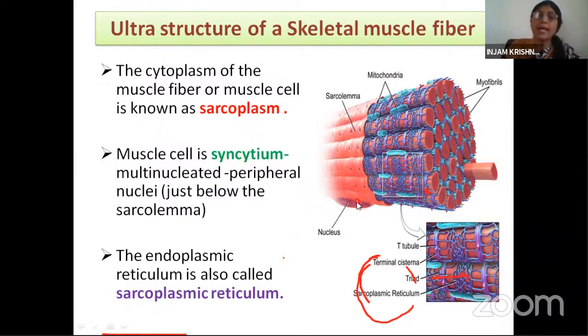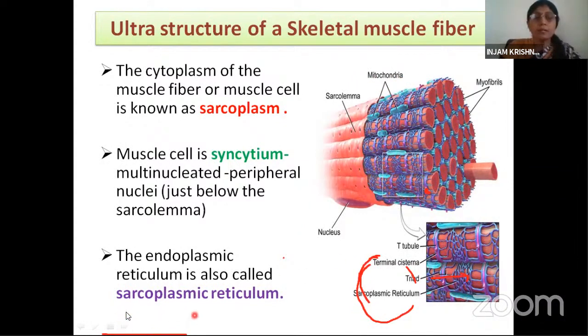But those nuclei are arranged peripherally. Peripheral means they are arranged at the boundaries, very close to the plasma membrane, just below the sarcolemma. That's why we call them peripheral nuclei, and many nuclei are present. That's why it is a syncytium. The endoplasmic reticulum is also called sarcoplasmic reticulum. This is the sarcoplasmic reticulum, and mitochondria are also present in this cell.